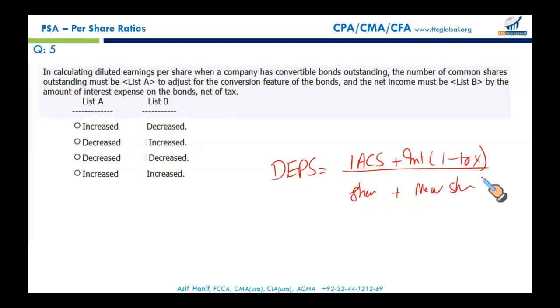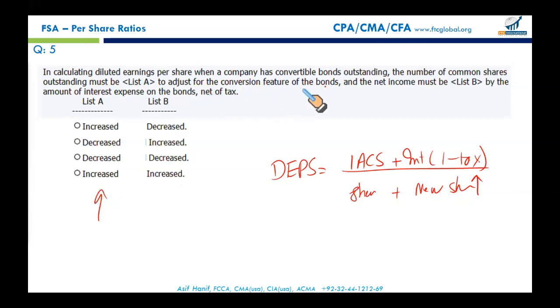Now, let's see what it says. In order to calculate the diluted earning per share when a company has convertible bonds outstanding, the number of common shares outstanding must be increased or decreased to adjust for the conversion feature of the bonds. So the number of shares outstanding must be increased in the denominator.